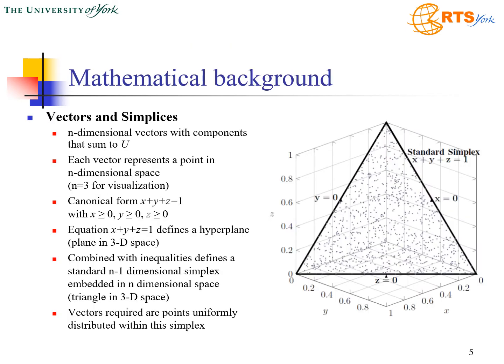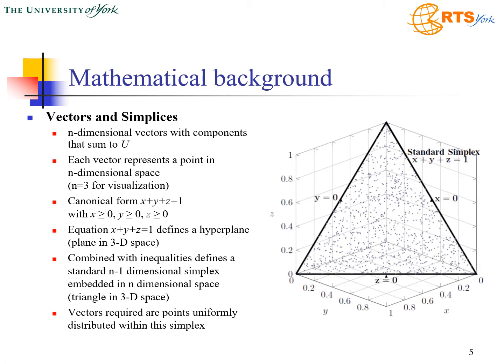I'm now going to give you some mathematical background needed to understand the operation of the DRS algorithm. So we're interested in n-dimensional vectors with component values that sum to a given value, u. Here each vector can be considered as representing a point in n-dimensional space.